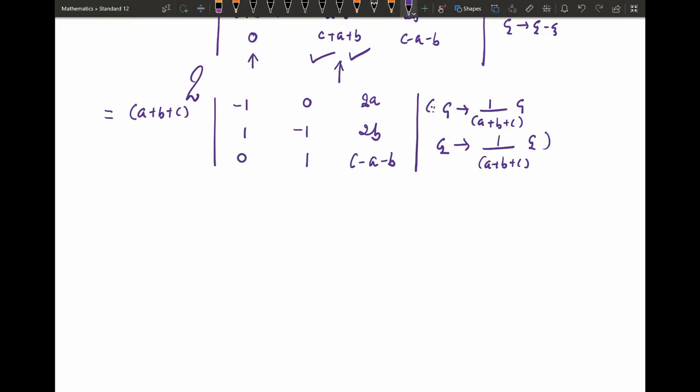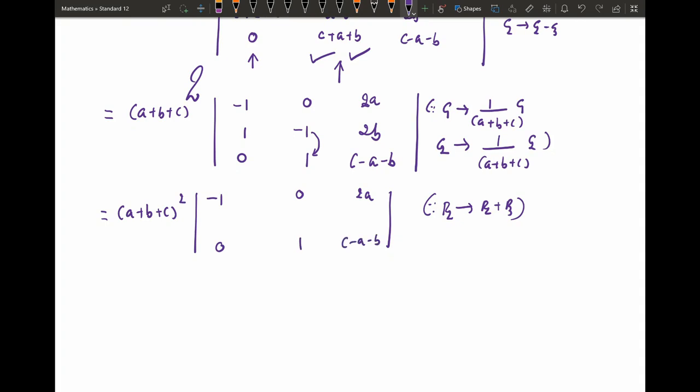So if we multiply this by 1 and add it here, let us perform R2 to R2 plus R3. So this is A plus B plus C whole square. First row as it is, third row as it is.